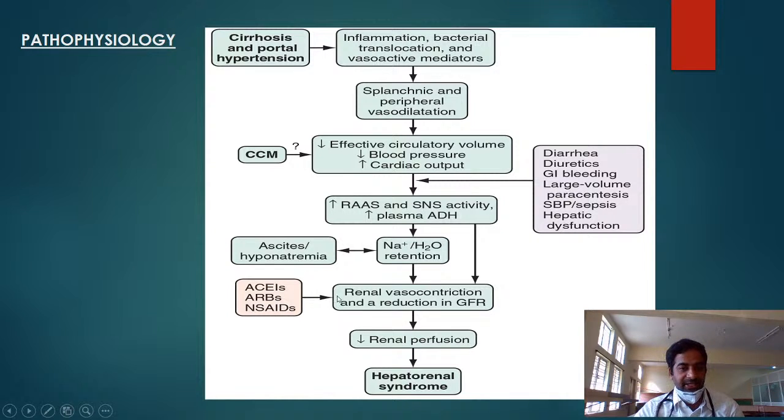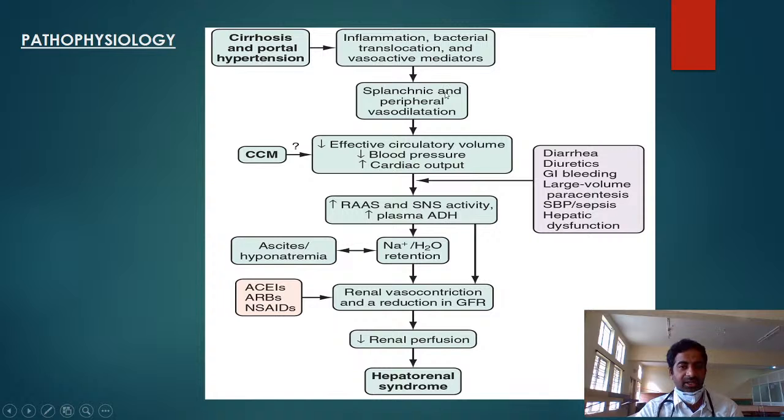If you give ACE inhibitors, ARBs, and NSAIDs, these drugs can lead to further reduction in GFR, which will lead to decreased renal perfusion, then hepatorenal syndrome. Okay, so this is the pathophysiology. Mainly the most important cause is splanchnic vasodilatation and peripheral vasodilatation. Okay, this is the most important.